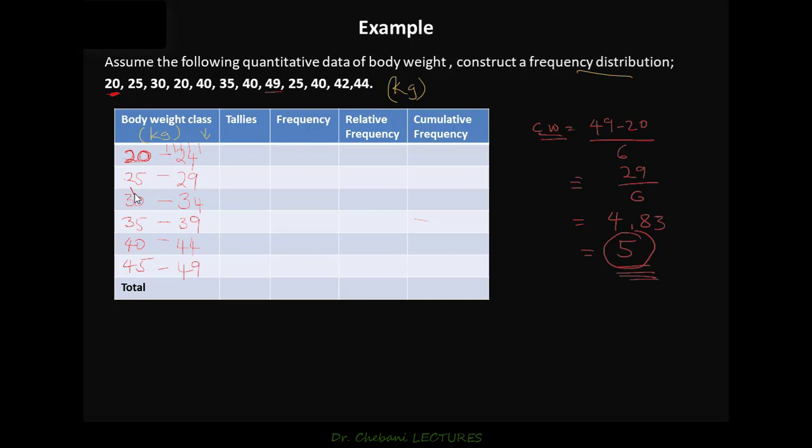If we go 25, 26, 27, 28, 29, we have 5 there. That's our class width. So it's not a straightforward subtraction in order to determine the class width. That's why we do it this way, by first listing the lower class limits and then listing the upper class limits, so that we don't make mistakes in determining the class width.